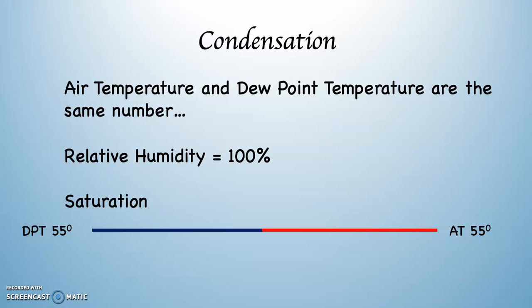At that point, we can also say the relative humidity is 100% and the air is saturated. Those three things always go together. Relative humidity 100%, air saturated, air temperature and dew point temperature being the same number. They always go together. And when that happens, either condensation or sublimation, also known as deposition, will occur.